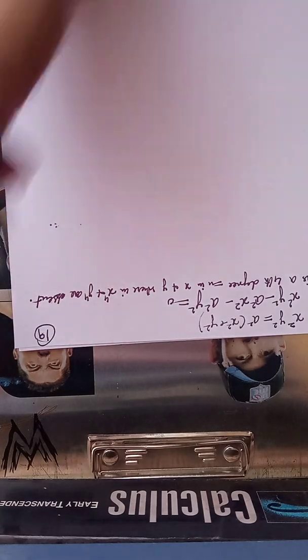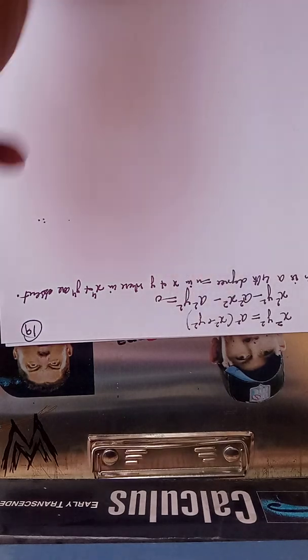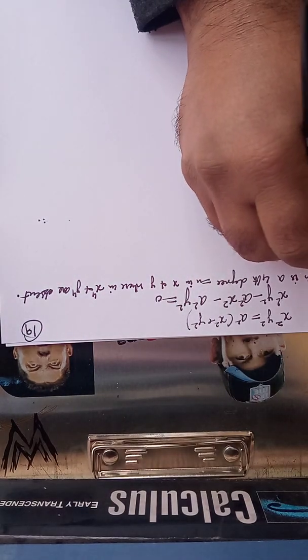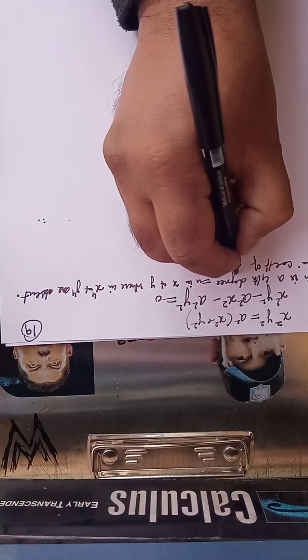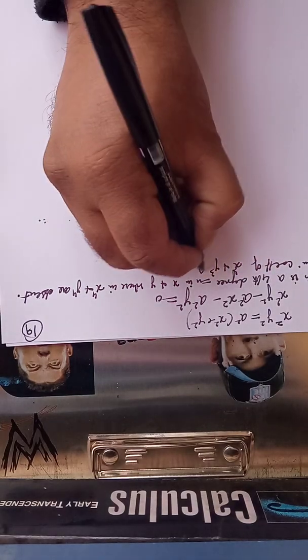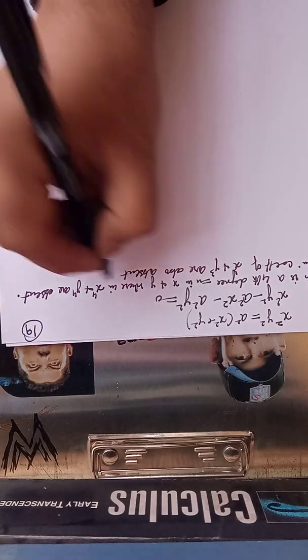So I have to go to the coefficient of x cube and y cube. You can see x cube and y cube are also absent. So what I have to do?